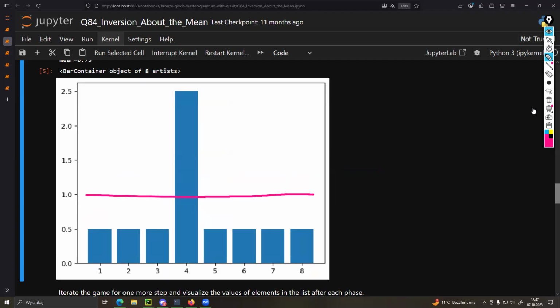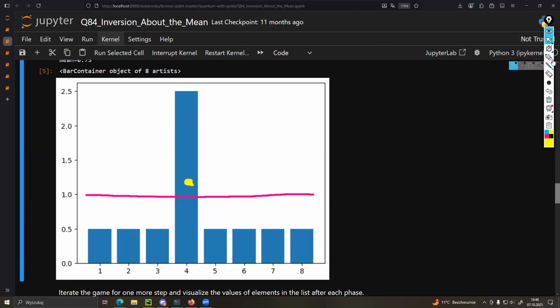So here was our, and this was our marked element. So the red line shows our initial state, and the yellow dot marks our element that we strive to search for in this list of numbers.